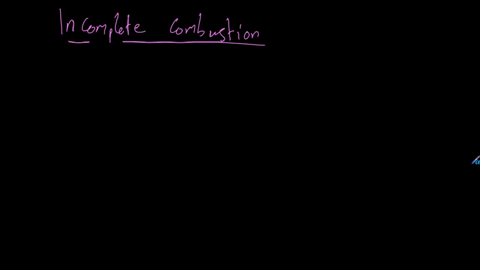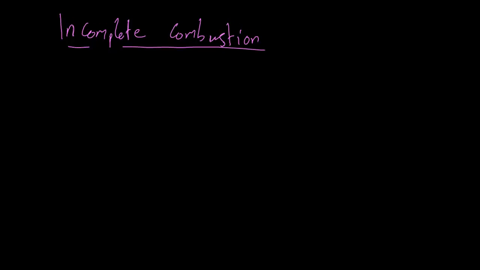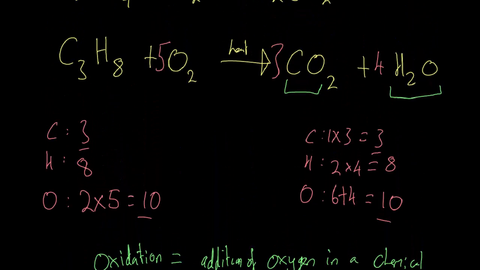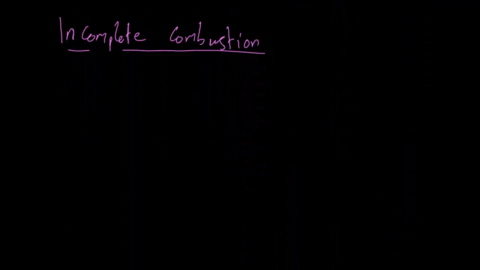Now, the theory behind this is that if we have a lack of oxygen, or there is not enough oxygen, that means that we can't be generous and give each of our carbon 2 oxygens. So if you look up here, every carbon here has been given 2 oxygens to form carbon dioxide. But what if we didn't have enough oxygen to do that, but we were still burning it in some oxygen?